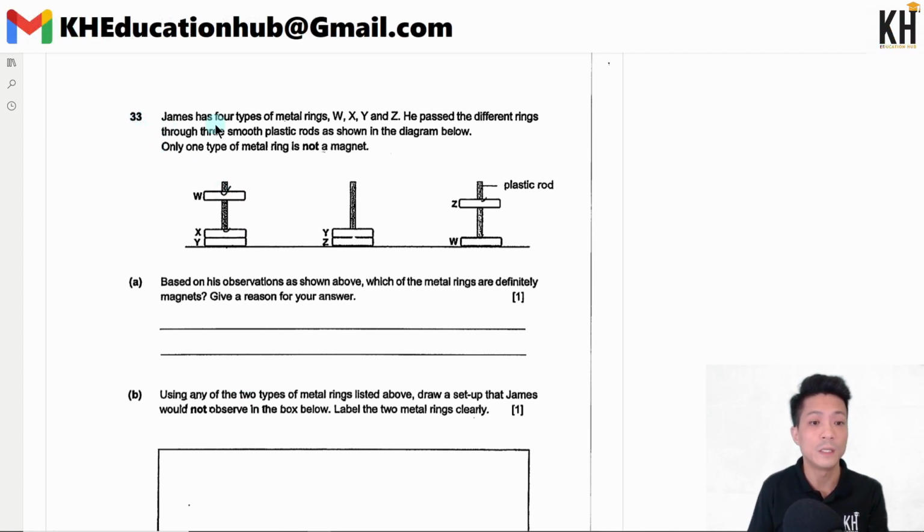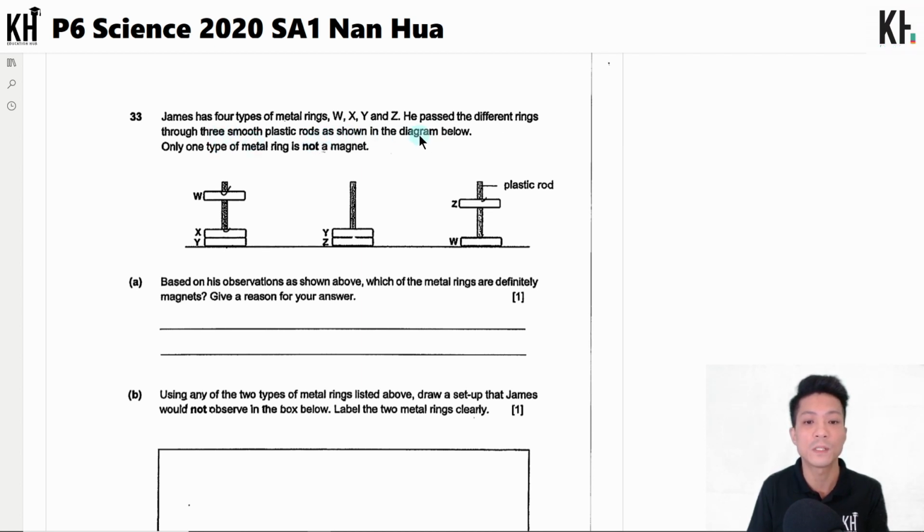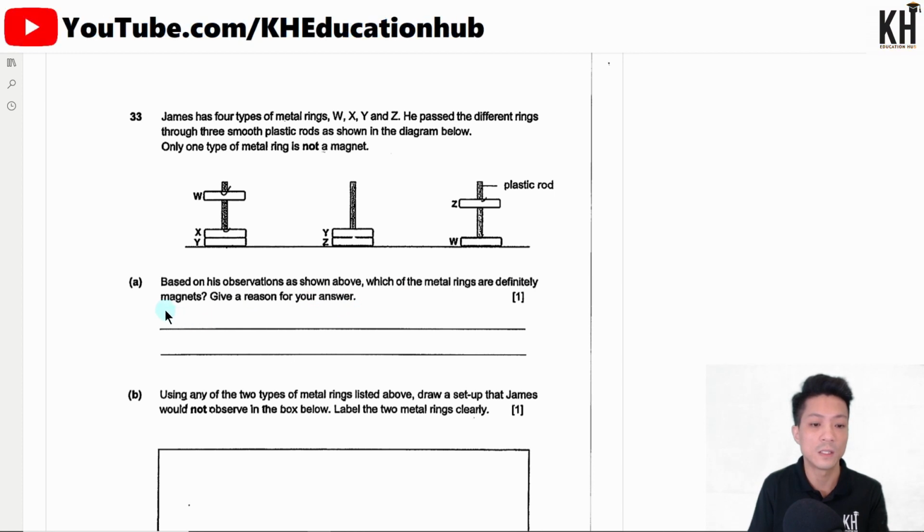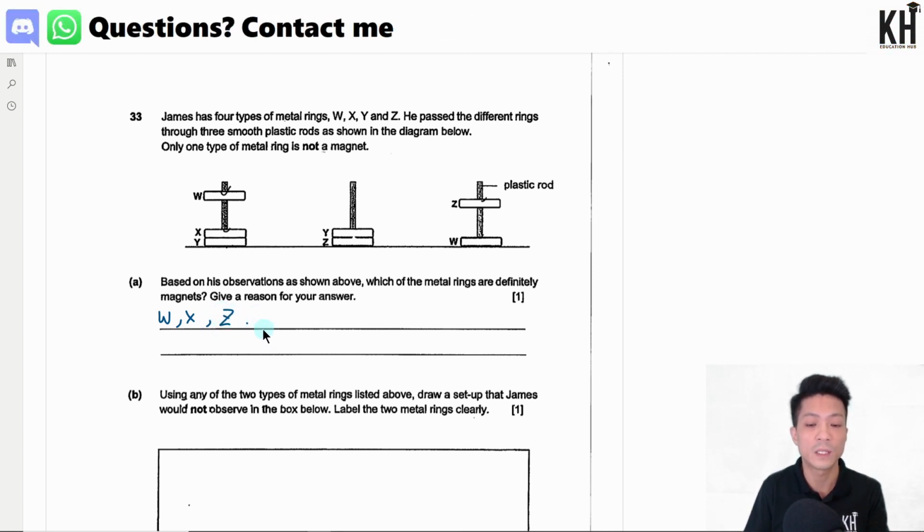Okay, question 33. James has 4 types of ring magnets W, X, Y, and Z. He passes the different rings through 3 smooth plastic rods as shown in the diagram below, so only one type of metal ring is not a magnet. Based on the observations as shown above, which of the metal rings are definitely magnets? And give a reason for your answer. We can see that W, X, and Z are definitely magnets.